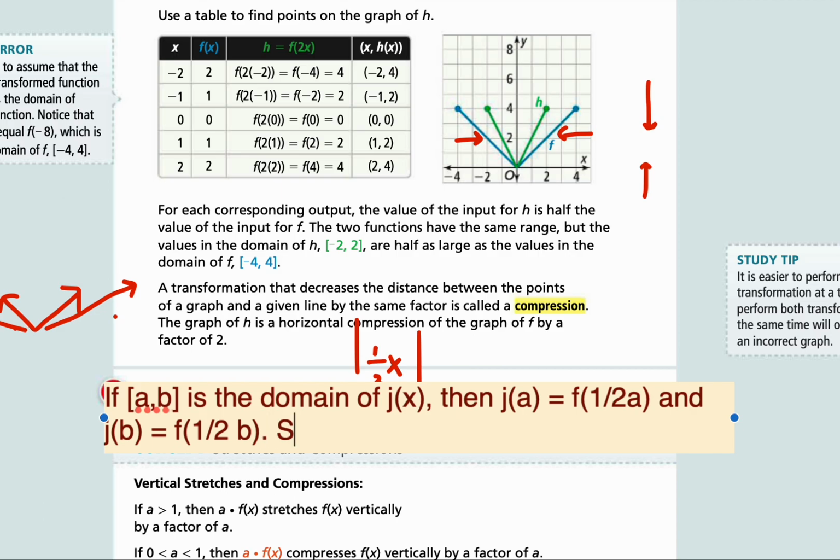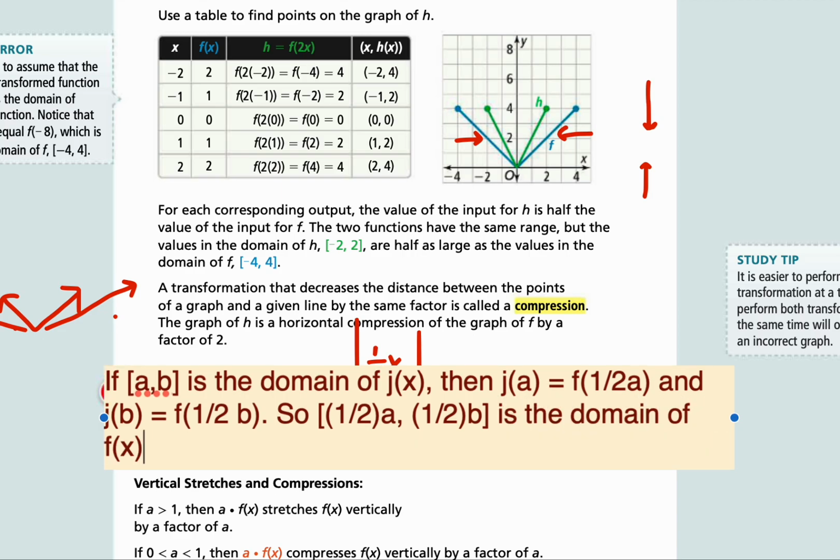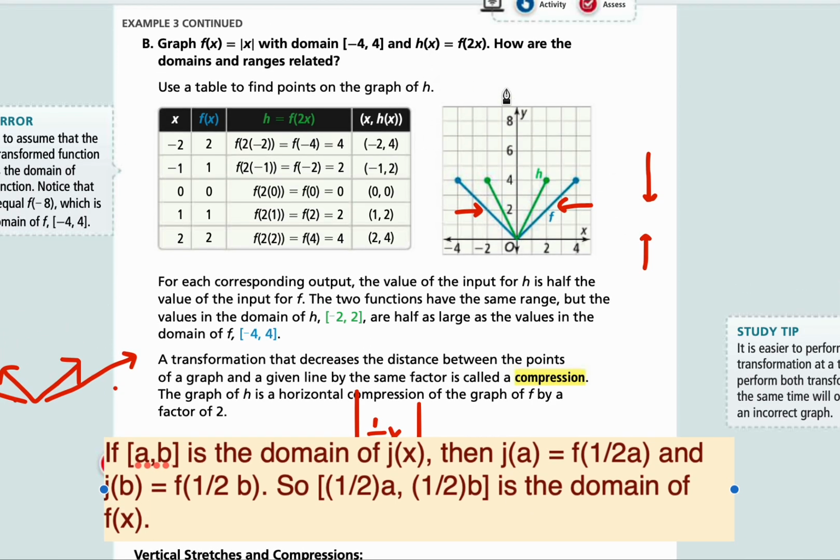So that means 1/2 a, comma 1/2 b. I'm just putting parentheses so that it's not confusing with the variable being, the a and b being in the denominator, okay? And that's the domain of f of x, which should be -4 and 4 in our example here, right?